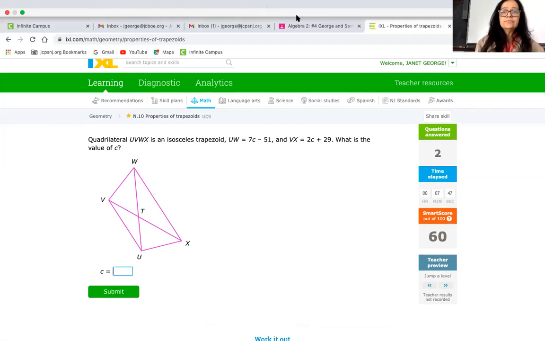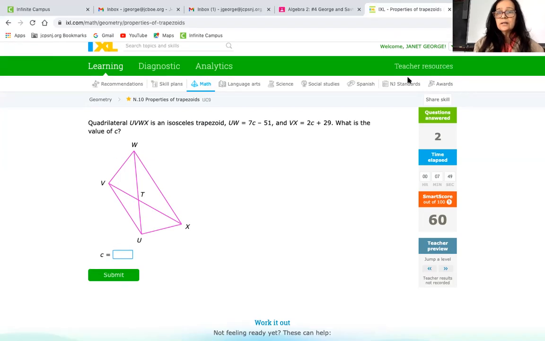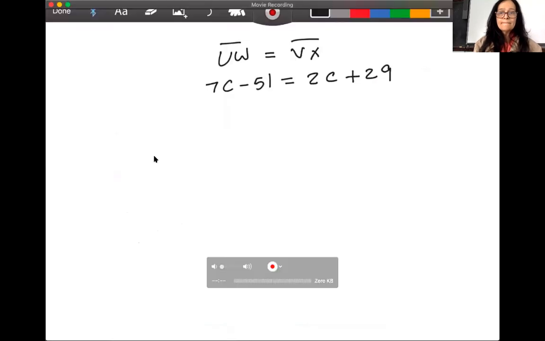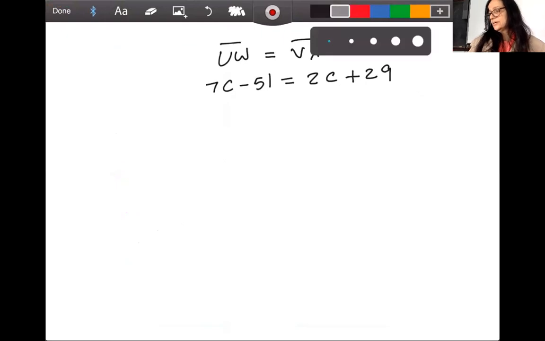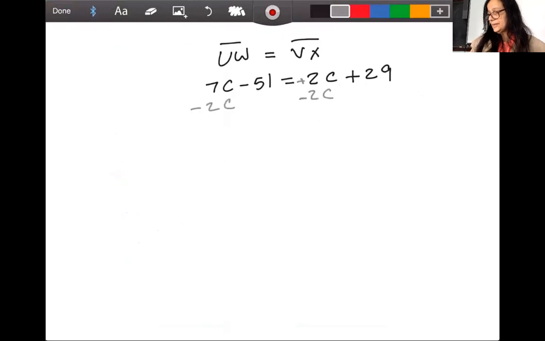Okay, so what is the opposite of positive 2C? It is negative 2C, okay?